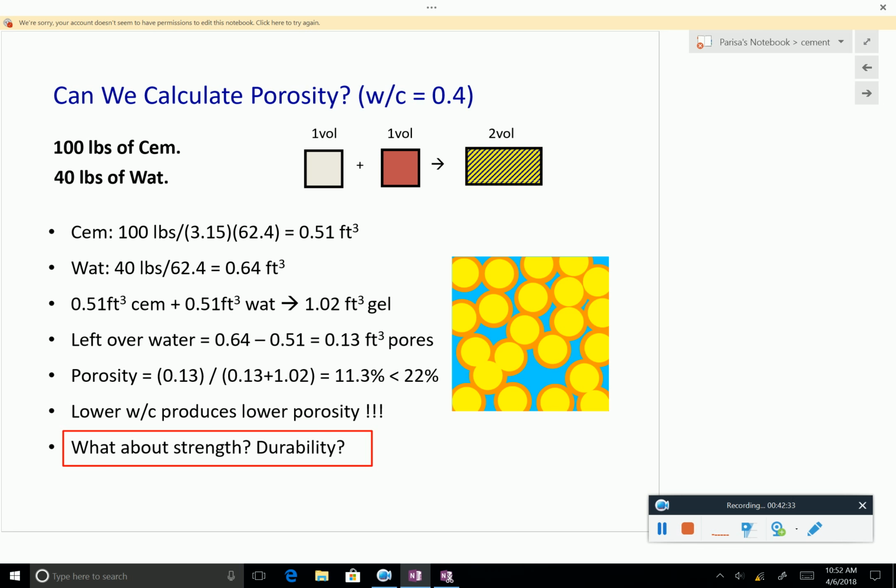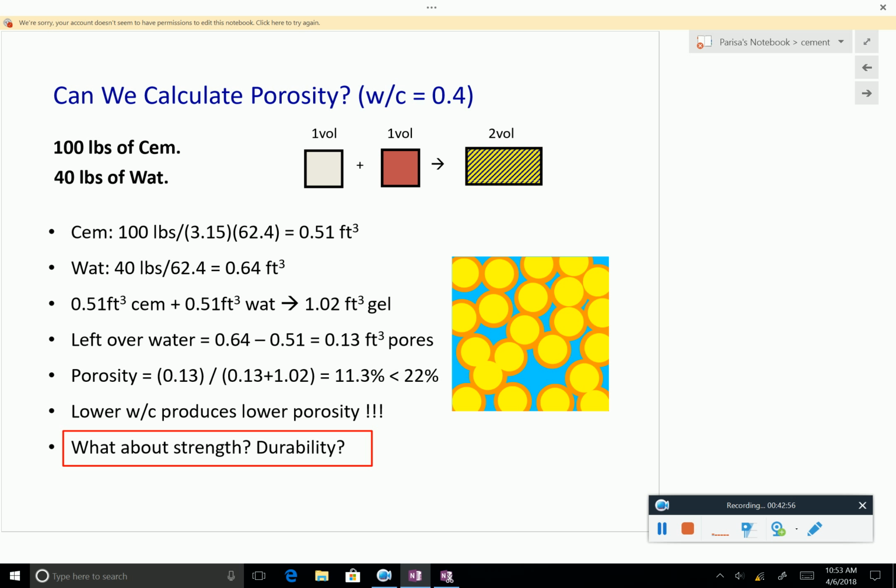Check and ask questions. Remember that these 100 pounds are arbitrary. So if I give you just the water to cement ratio, you can just use it. You can decide if you want to work with 1,000, or if you want to work with kilograms, which I doubt you guys would.